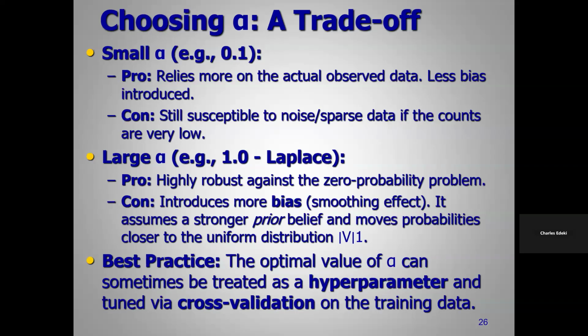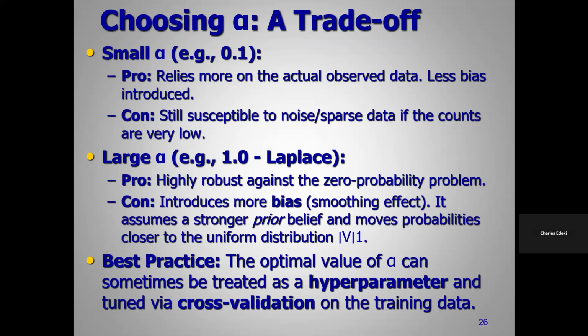Because the resulting probabilities, in terms of low bias, are closer to what? The empirical probability observed in the data. Hopefully we understand empirical probability observed in the data. And this will introduce, of course, less bias. High variance: the estimates are still highly sensitive.